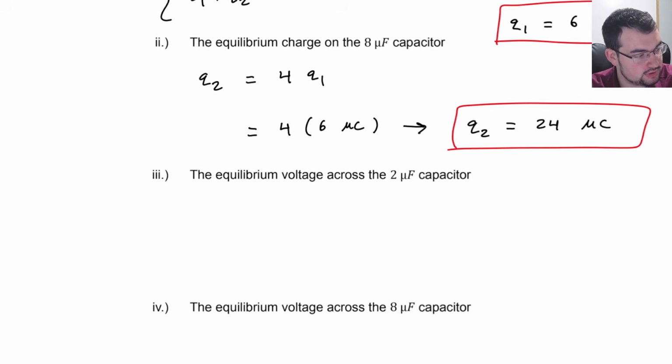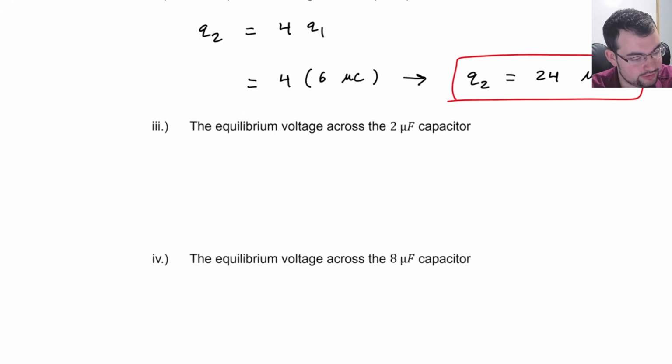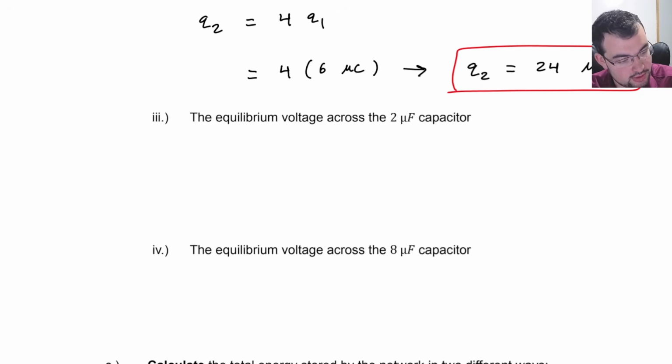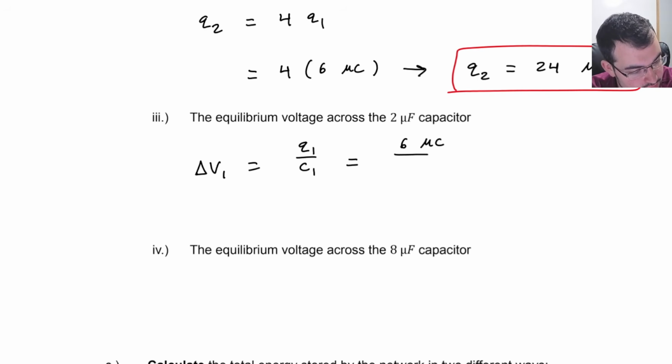All right, what's the voltage across the 2 microfarad capacitor? Well, delta V is defined as Q divided by C. Our Q1 was 6 microcoulombs, and our C1 is 2 microfarads, so that gives us 3 volts.